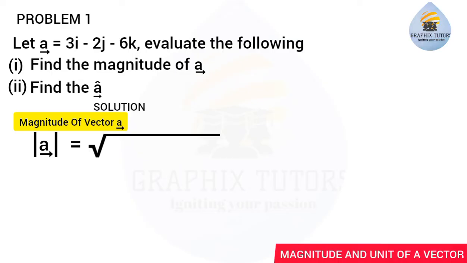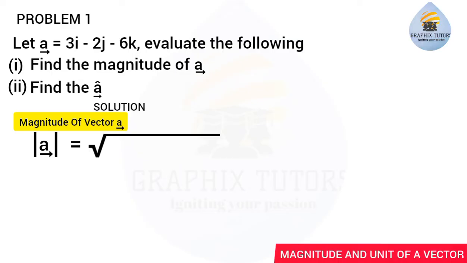Which are the dimensions. i is one dimension, j is another dimension, k is another dimension. So this is a three-dimension, whereby the coefficients that are close to these dimensions are called the components, which is 3, minus 2, and minus 6.